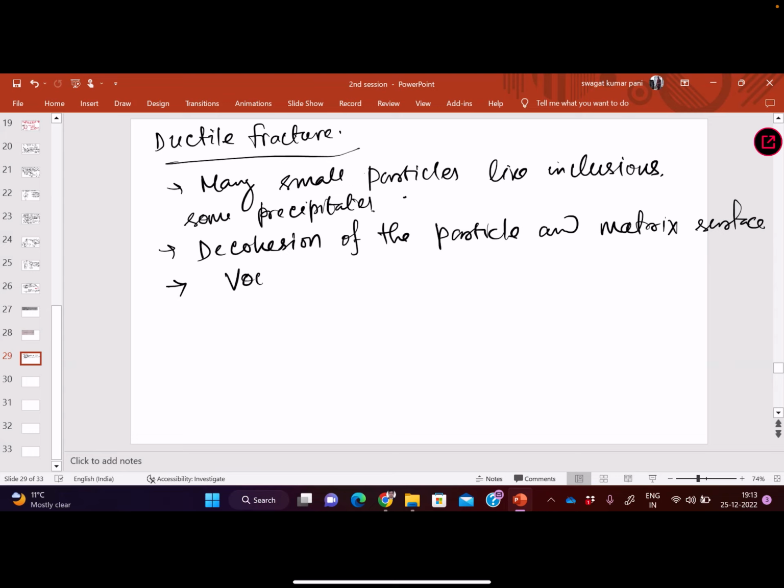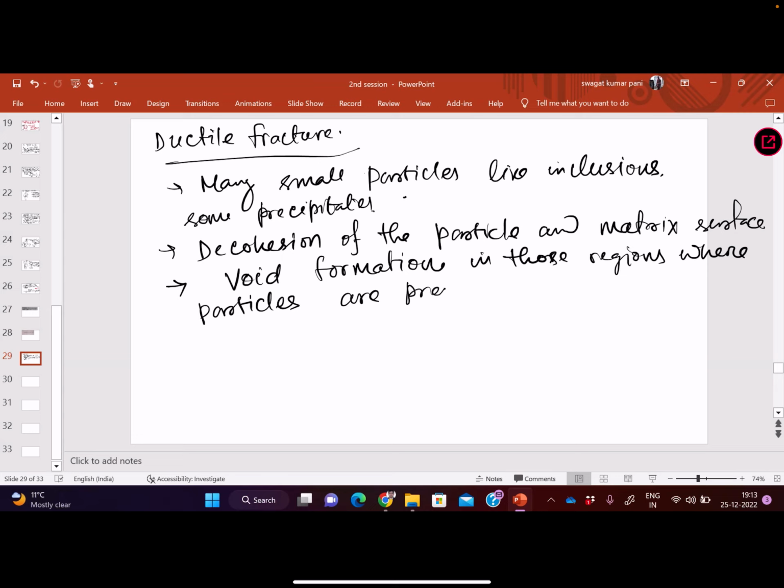Then what happens? Void formation, in those regions where the particles are present. Then void coalescence.